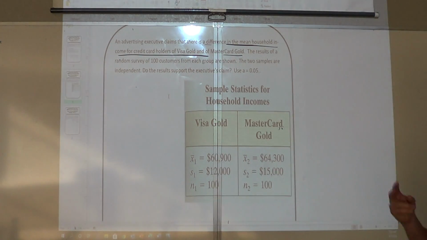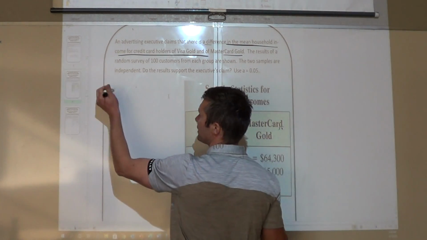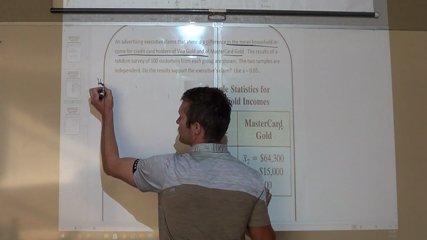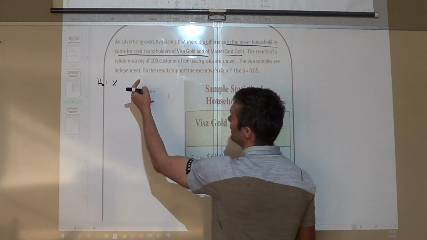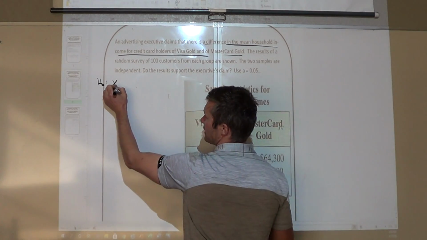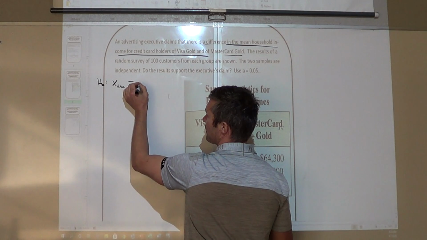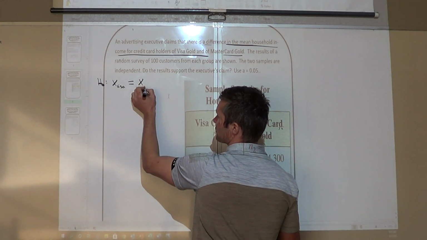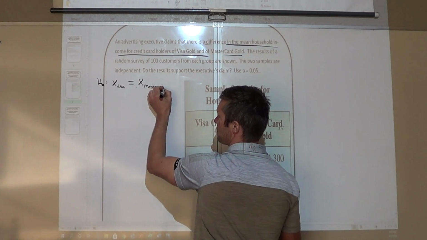"Is a difference" means a two-tailed test. So when we go through, we're going to set up our null and alternative right off of that. H0: we just say the average of the Visa card is equal to the average of the MasterCard. You could write it that way so you understand.